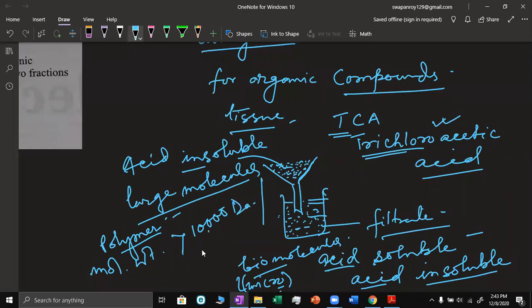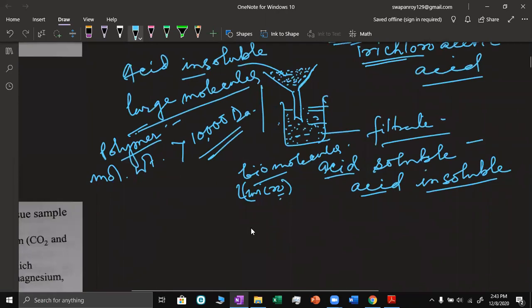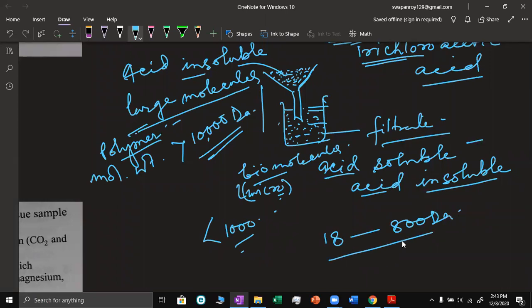Here in the soluble portion it is less than 1,000, particularly between 18 to 800 Dalton.